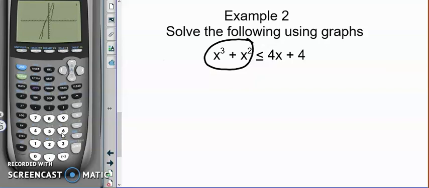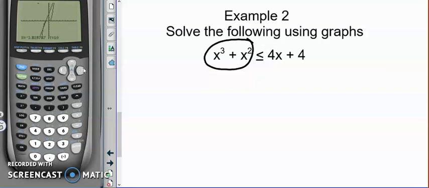That's our biggest parts. But also, I don't know if you guys know about this or not. You can hit zoom, and then we can do 1 for zoom box. And we can do a box around the sections that we want to actually pay attention to and zoom in on. And so I'm going to zoom in on those parts because we already kind of know what the graph looks like and we know what we're looking for.